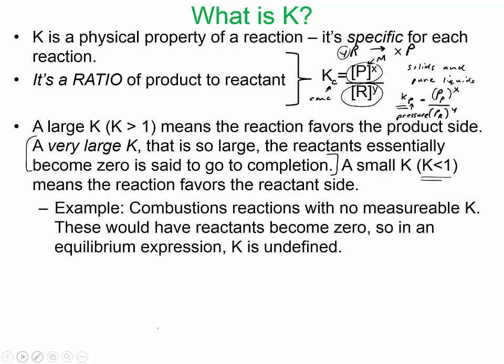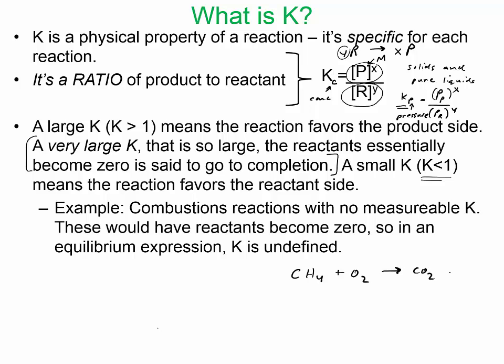So an example is combustion reactions, I wrote one a minute ago with methane. Combustion reactions have no measurable K. Essentially, the reactants become zero. So what happens if we have a combustion reaction like this?